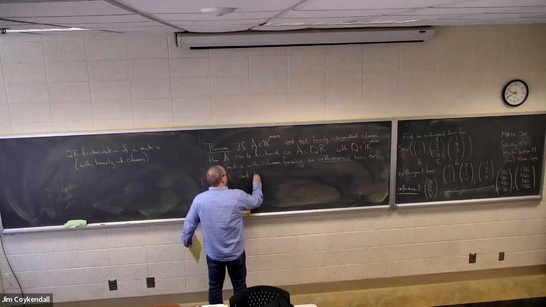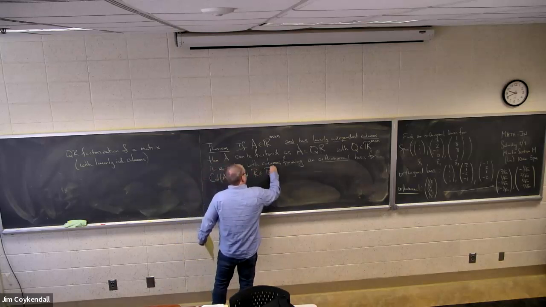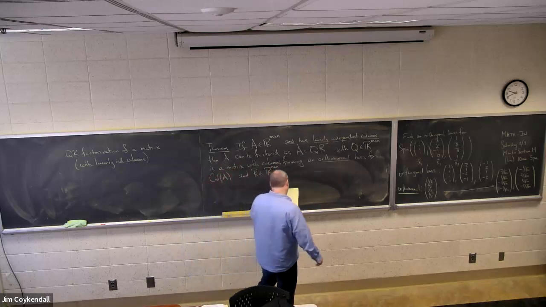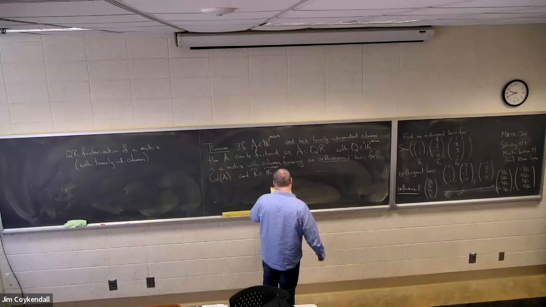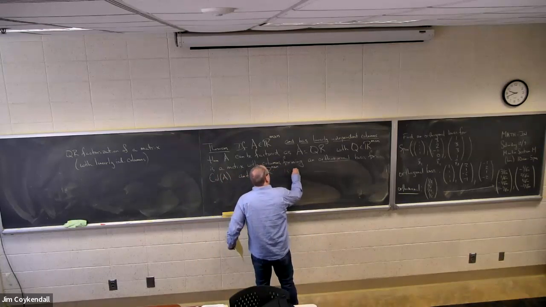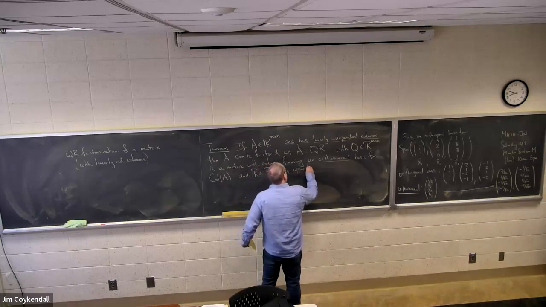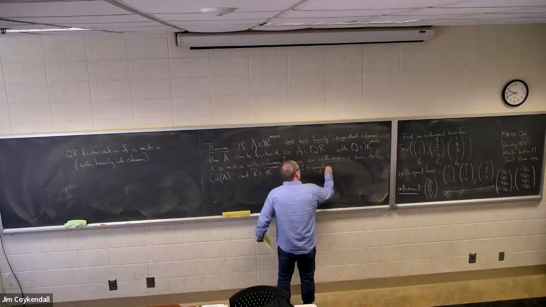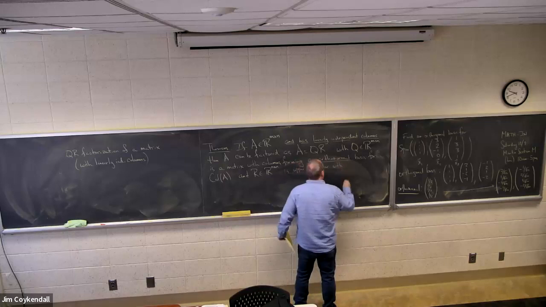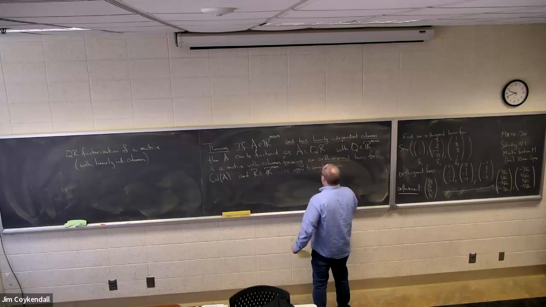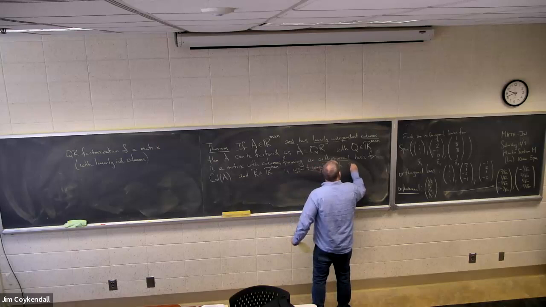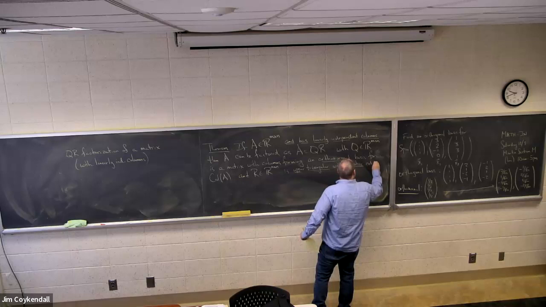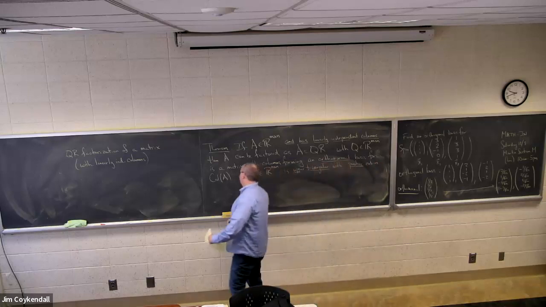And R is an n by n matrix, has to be that to fit the size of A and be able to multiply by Q. R is upper triangular with positive entries on the diagonal.